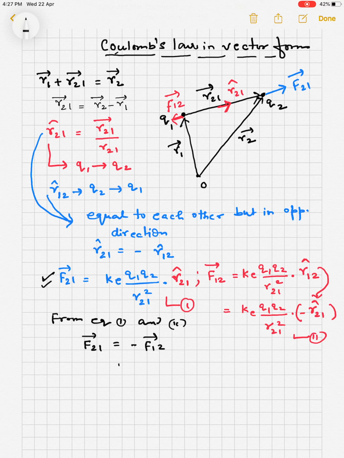So here KE is equal to 1 upon 4 pi epsilon naught, because charges are in free space.